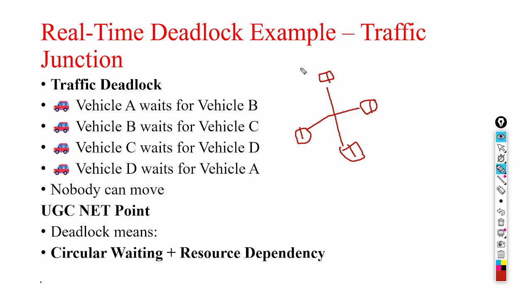Okay, for example, this is vehicle A. Vehicle A waits for what? Vehicle A is waiting for vehicle B, vehicle B is waiting for vehicle C, vehicle C is waiting for vehicle D, and vehicle D is waiting for vehicle A. Are you getting my point?